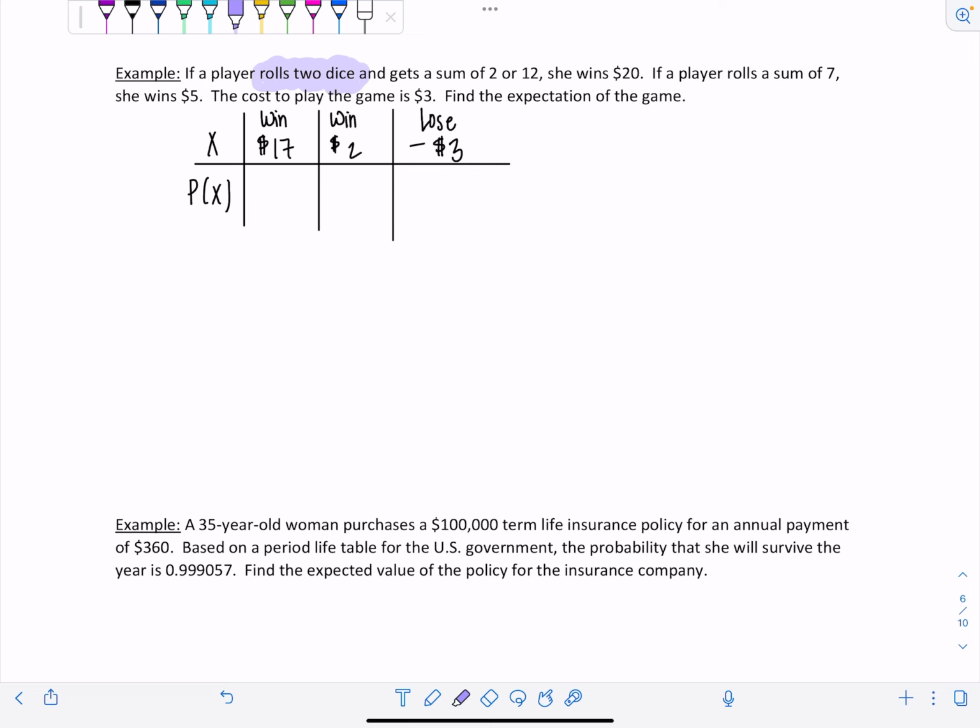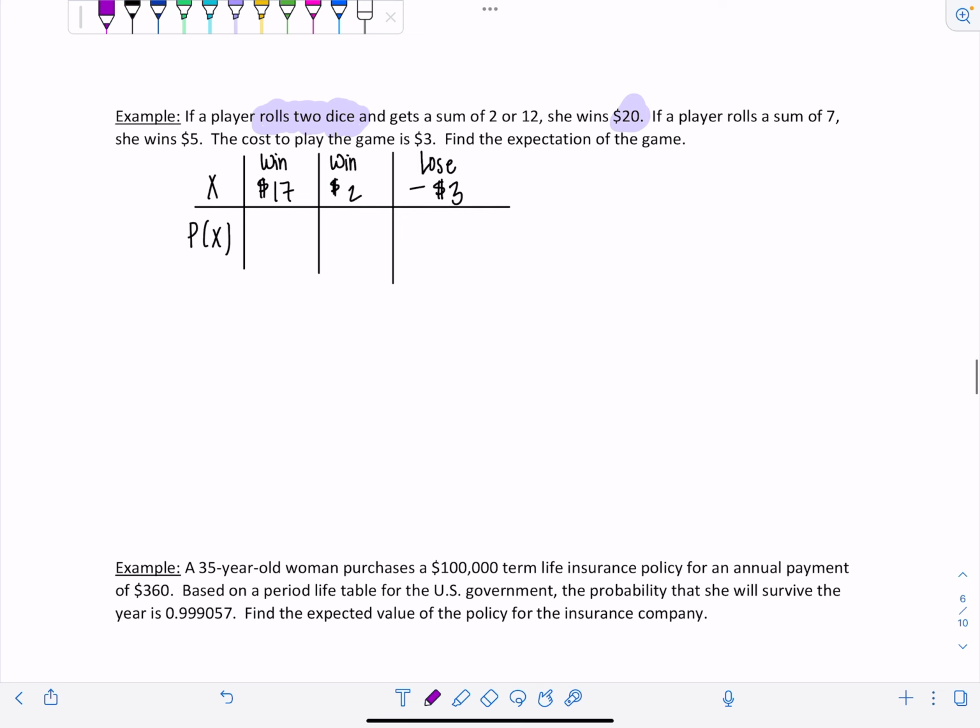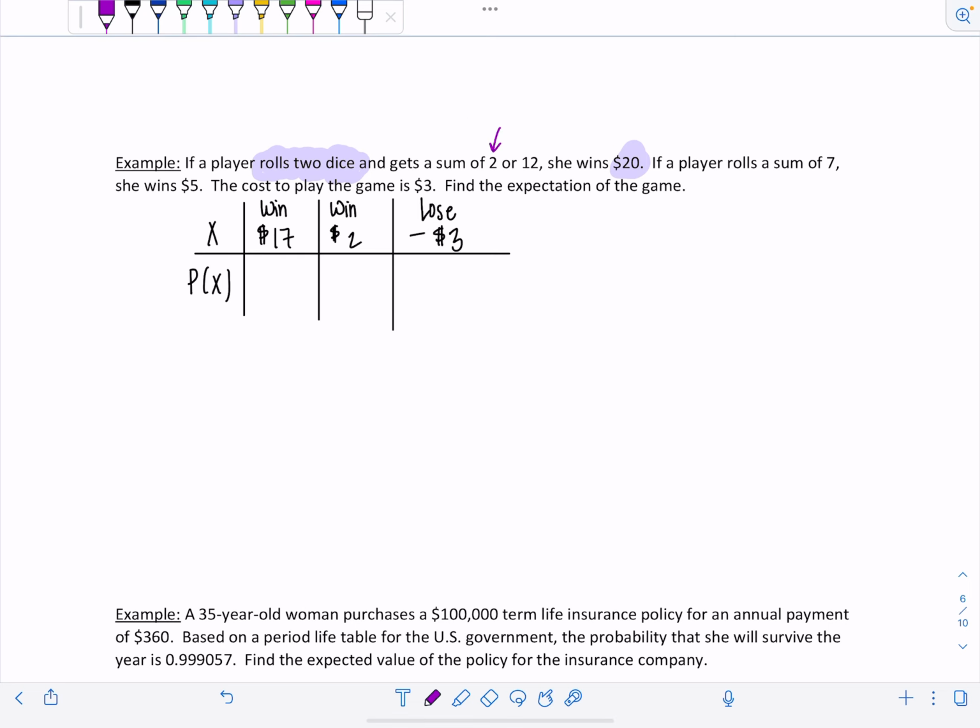If you're going to win $20, that happens because you rolled a 2 or a 12. So how many ways can you roll a 2? Only if you roll a 1 and a 1, right? And then how would you roll a 12? Only if you roll a 6 and a 6.